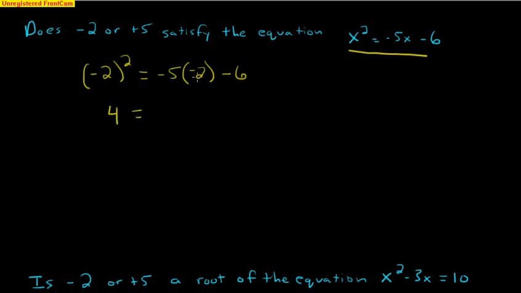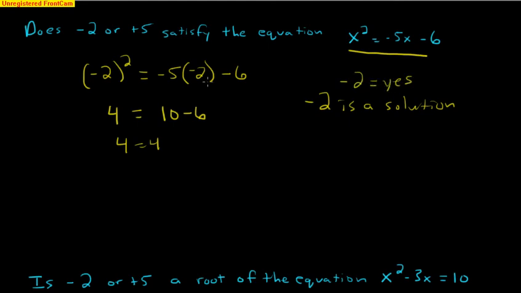Negative 5 times negative 2 is positive 10. 10 minus 6 is 4. 4 equals 4. So negative 2 is a solution. The question actually said, does negative 2 satisfy the equation? So we might say, negative 2, yes, it does.